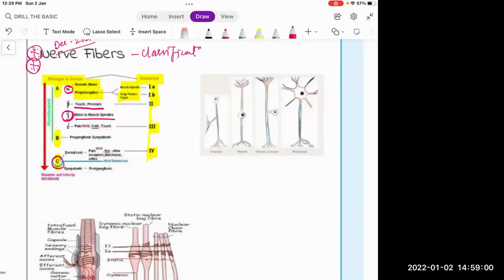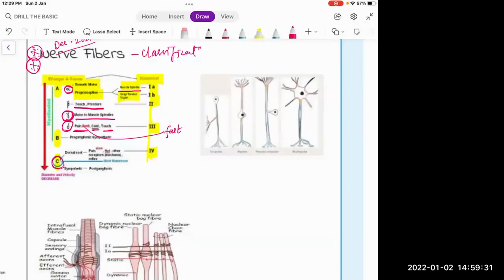It means gamma is for motor. Remember that. Whereas A alpha is also for the muscle spindle, but that is sensory. And delta fibers, remember, are for pain and cold, also for touch. And pain here is categorized only as fast pain. Delta fibers carry fast pain sensation.